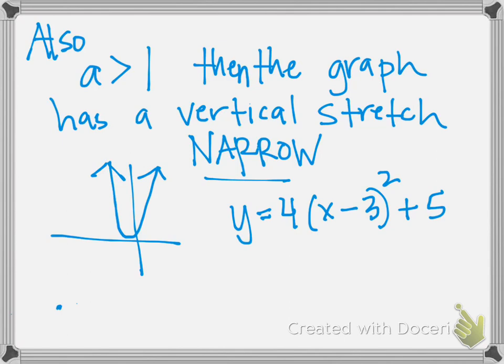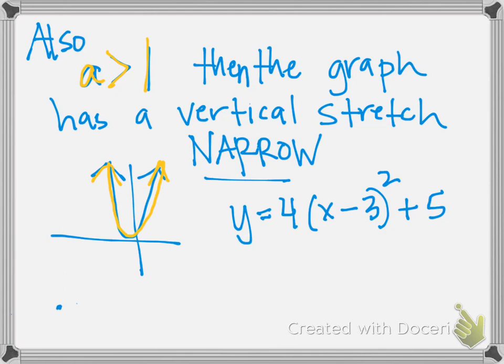So if a is greater than 1, then the graph, it's called a vertical stretch, or the graph would go up more narrow than the parent graph. So 4 would go up 4 over 1, up 4 over 1.